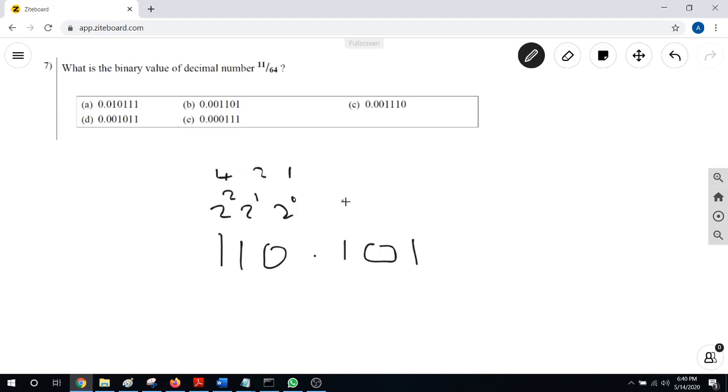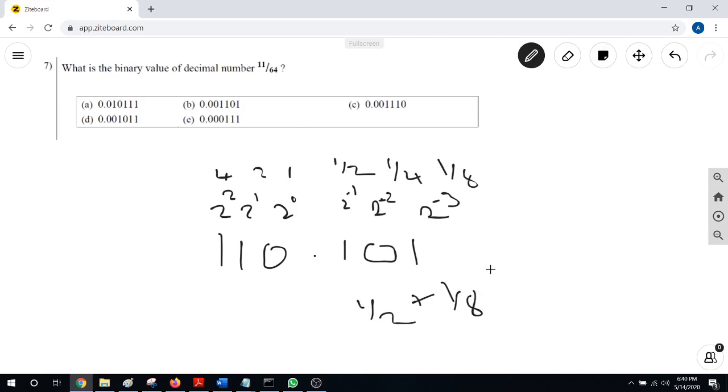And here this is 2 to the power minus 1 or half, this is 2 to the power minus 2 or 1 quarter, this is 2 to the power minus 3 or 1/8, right? So that is how we calculate. If you want to find out what this 101 is, that is half plus 1/4 plus 1/8.